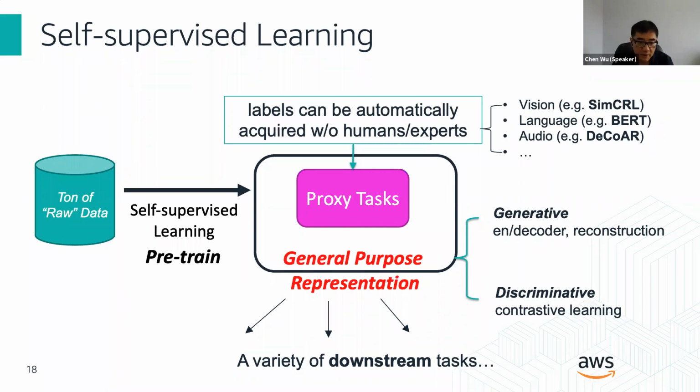Now you have another randomly chosen image, and you know that this randomly chosen image most likely has nothing to do with either one of these two images. So based on those relationships, you can train your neural network to maximize the agreement between the original pair, and to minimize the similarity between that pair and the other image.